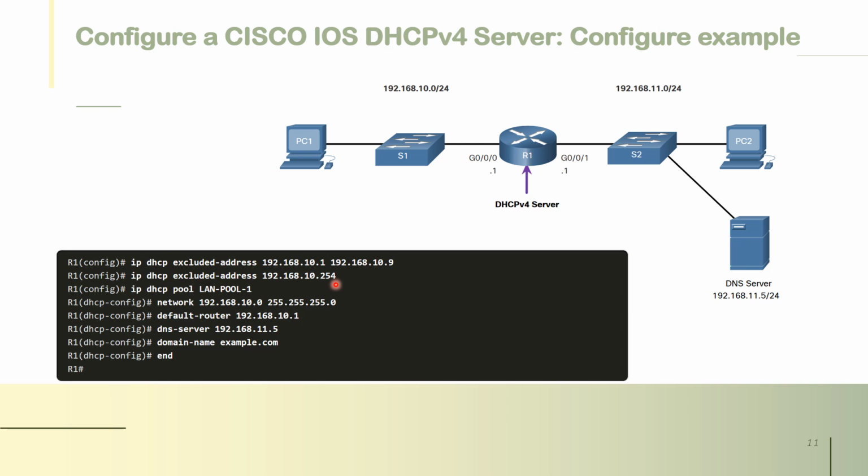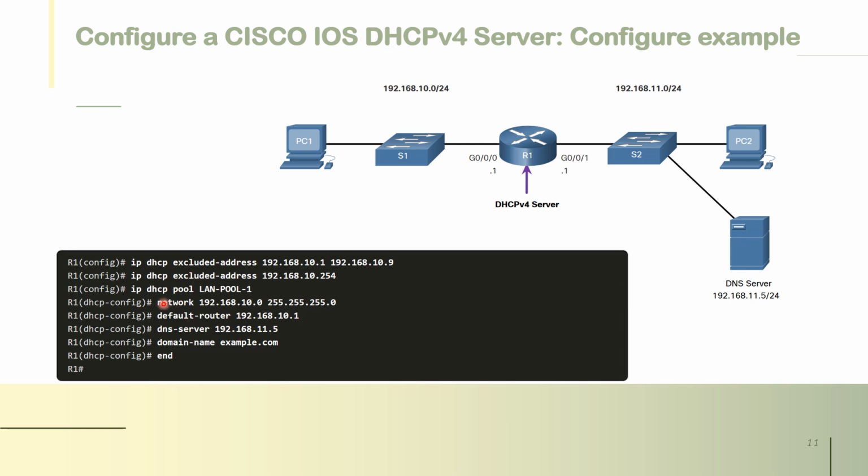And then we will start configuring the DHCP version 4 pool, which means by using ip dhcp pool LAN-pool-1, we define the DHCP version 4 pool name. And then after that, we will define the address pool.